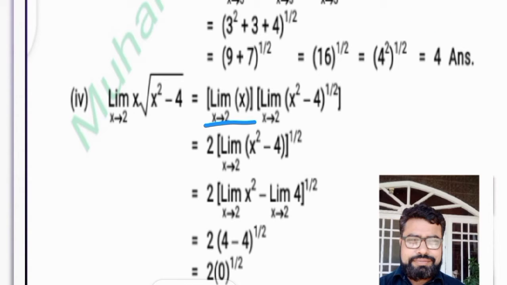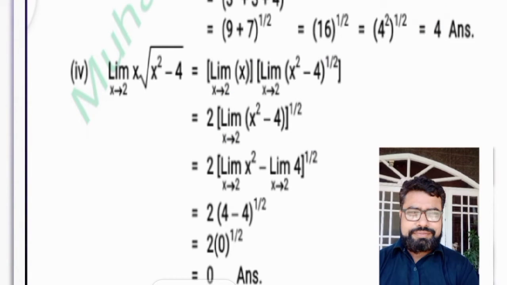As there is square root, so we have to write power 1 by 2 if you want. As the value of x is 2, we will put x is equal to 2 here. Now I've told the third theorem that if there is a power, limit will be written inside the power. So we have written limit inside the power, limit x approaches to 2, x square minus 4 and power is 1 by 2, which will be written outside.